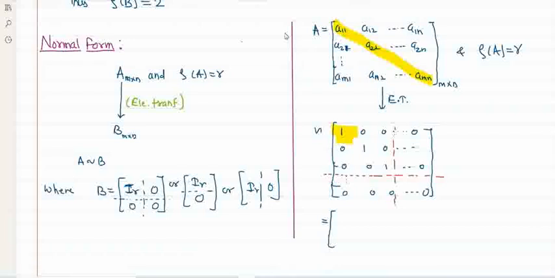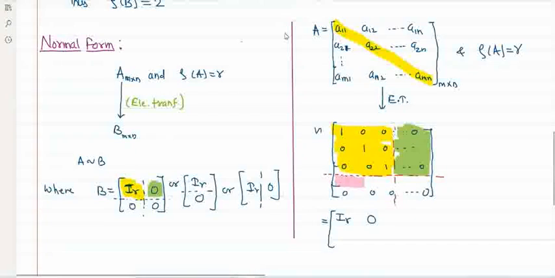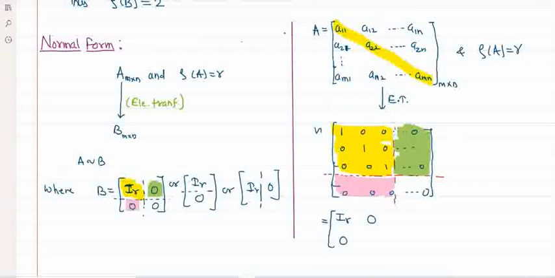I will consider the first block as the unit matrix of order r, which I write as I_r. The next block is a zero matrix, a null matrix, denoted by capital O. The next one is again a zero matrix, and the last one is again a zero corresponding to this.